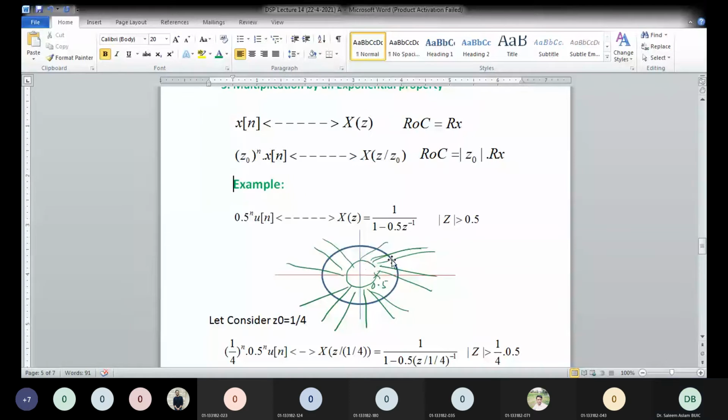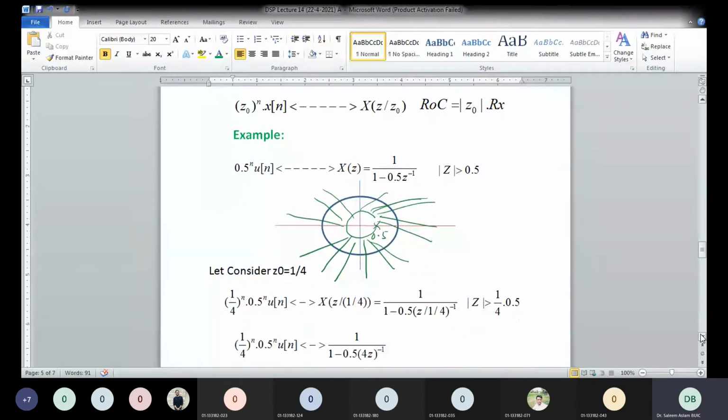So here we can see that |z| greater than 0.5 is basically a stable system, because your ROC contains the unit circle. Let's take z naught equal to 1/4. So we are multiplying (1/4) to the power n with this expression 0.5 to the power n u of n.